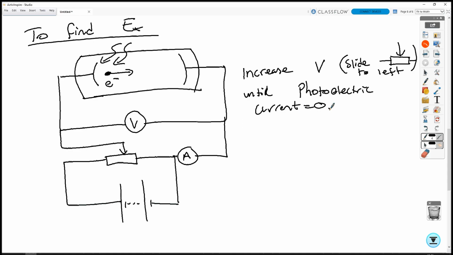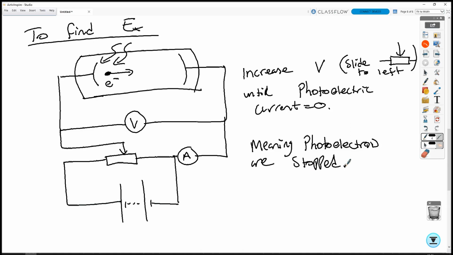If we get a 0 photoelectric current despite shining these photons onto the plate, it means the electrons have been stopped. If they're stopped, it means their kinetic energy was stopped.